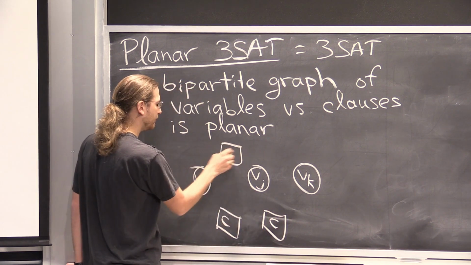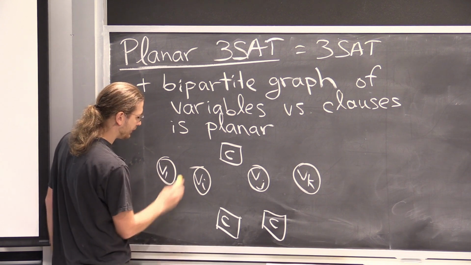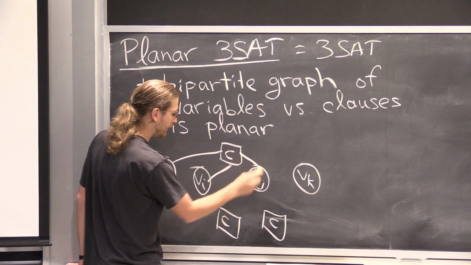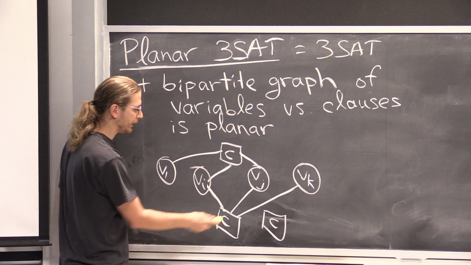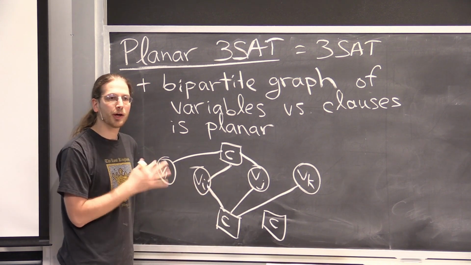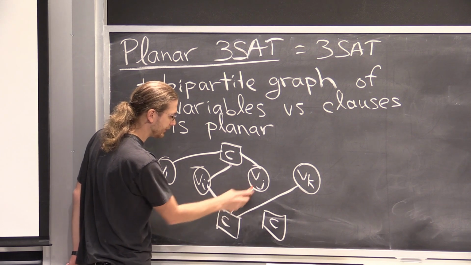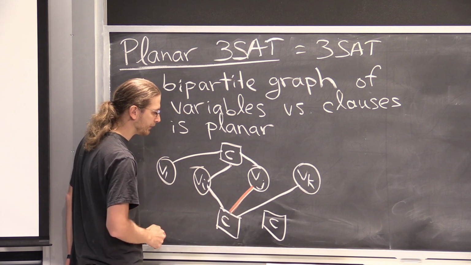I guess I should really have more variables, and then you have an edge between a variable and a clause whenever that clause includes that variable, either in positive or negative form. So maybe some of these edges I'll draw red to indicate that it's v bar that is included in this clause.